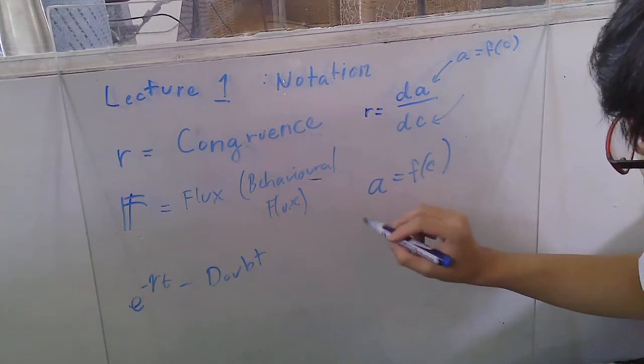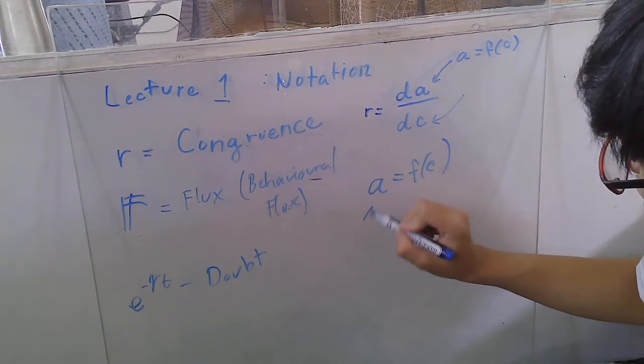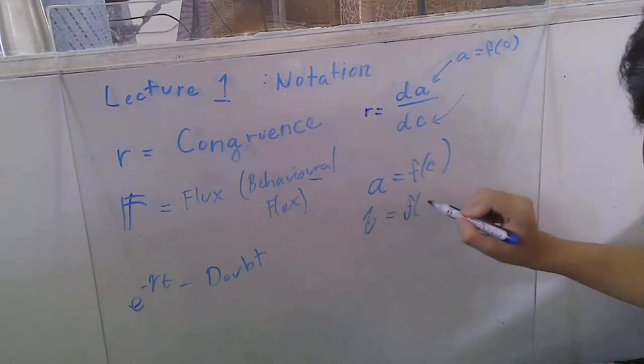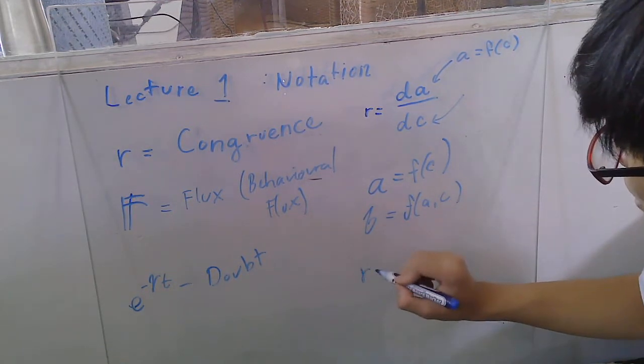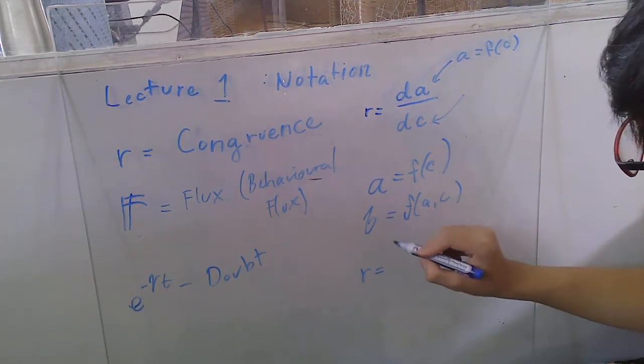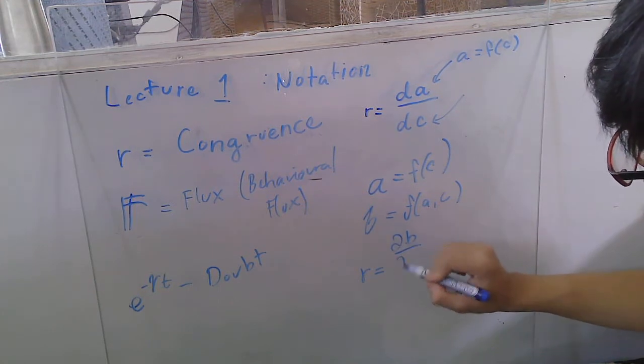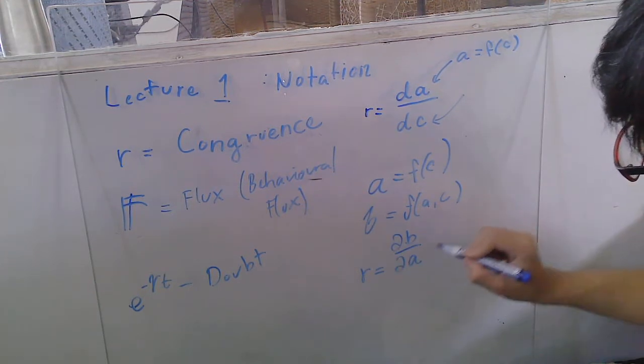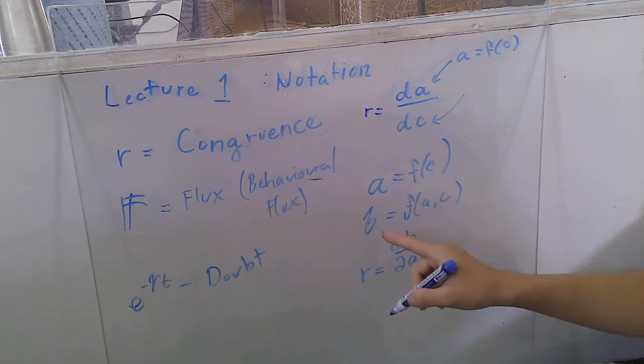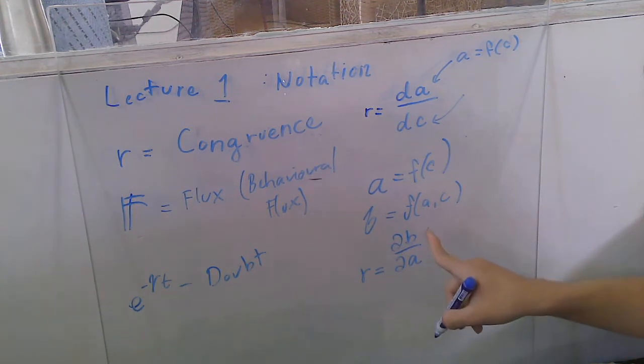But if we have a multivariable function, behavior B, f of A and C, then R is equivalent to the partial derivative of B with respect to A.